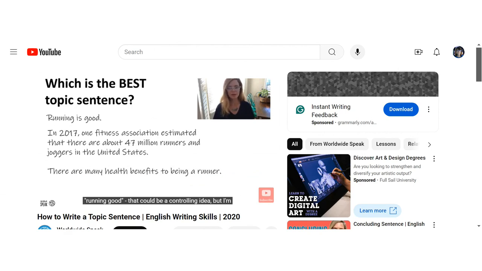That could be a controlling idea, but I'm going to say no. It's not very good because it's too general. Running is bad, running is good, running is okay. It's too big. It's not focused enough to make that nice controlling idea, give it a nice focus for your paragraph. It's just too large. Now, let's take a look at the next sentence. It's quite a mouthful.